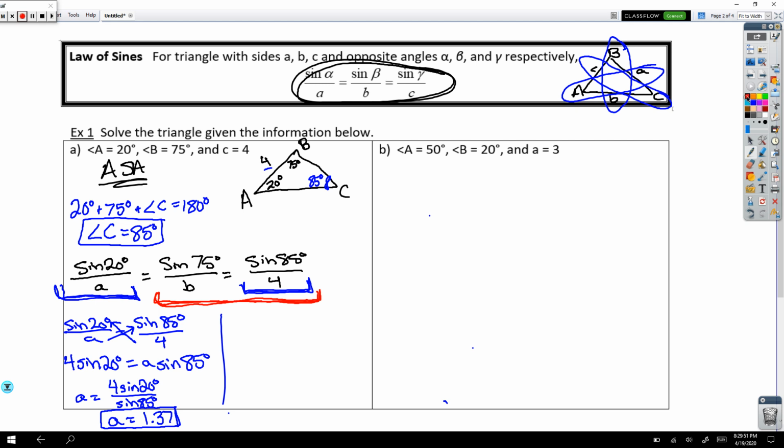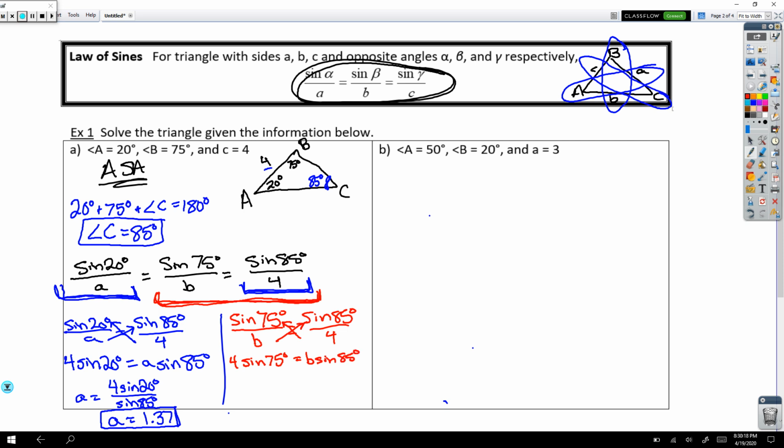Now, the second part, finding side B, I'm going to do those two fractions. So sine of 75 degrees over B equals sine of 85 degrees over 4. Again, cross multiply. So 4 sine of 75 degrees equals B sine 85.